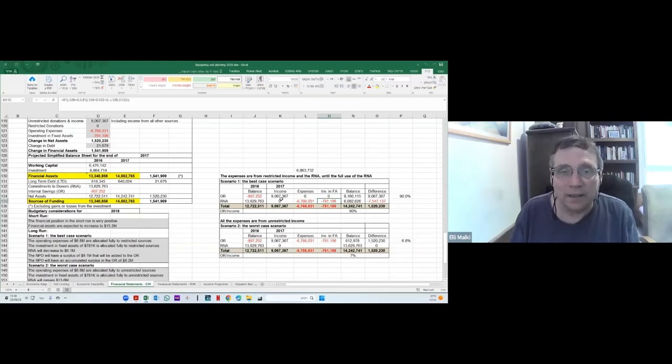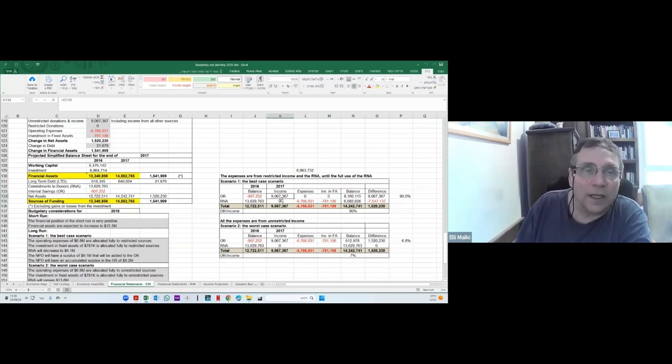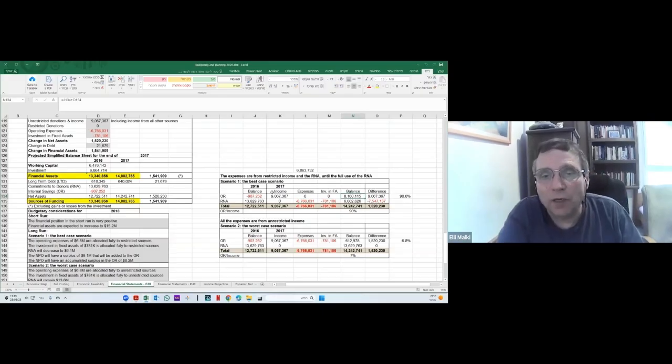And in this case, if this scenario materializes, then all the income which is unrestricted will go to the operating reserve, and the balance of the operating reserve will increase by the amount of the income. Okay, so it will increase from minus 907 to 8.16. Okay, so that will be the effect on the operating reserve.